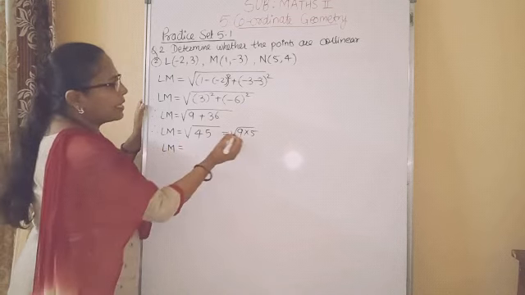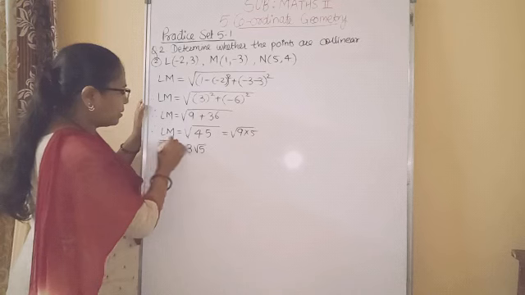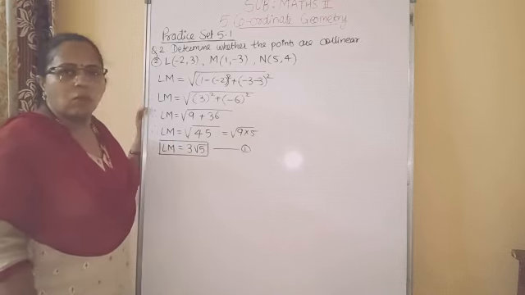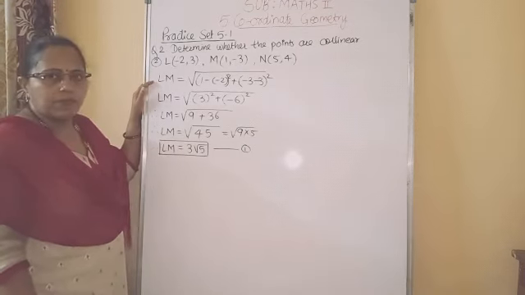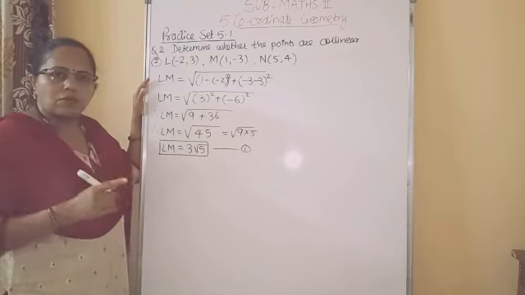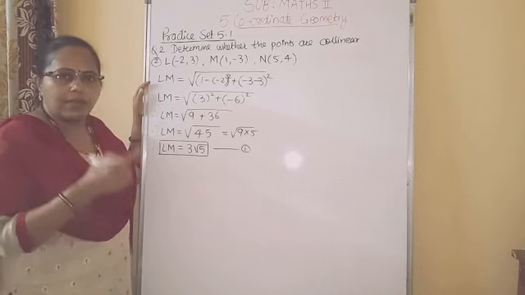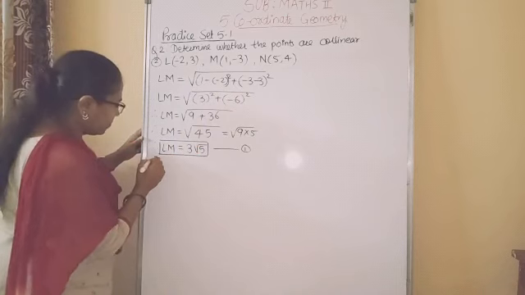Square root of 9 is 3. So we will get 3 root 5. LM is equal to 3 root 5. This is statement number 1. Okay. We can directly substitute now because this question is a 3 marks question. If it is only to find the distance between 2 points, then you have to write the formula and then substitute. Now we will find out MN.